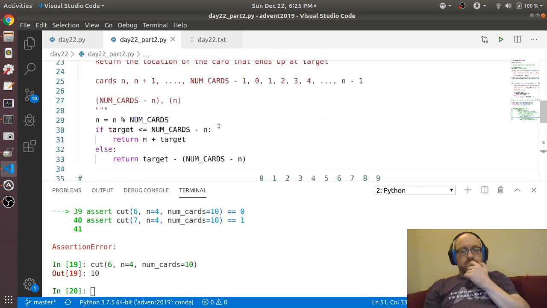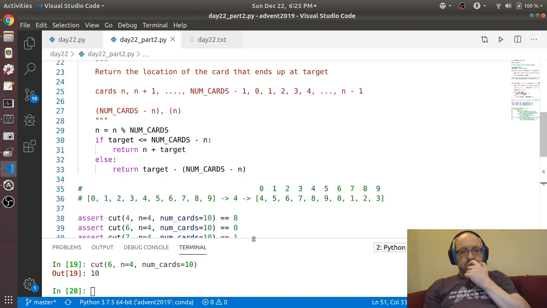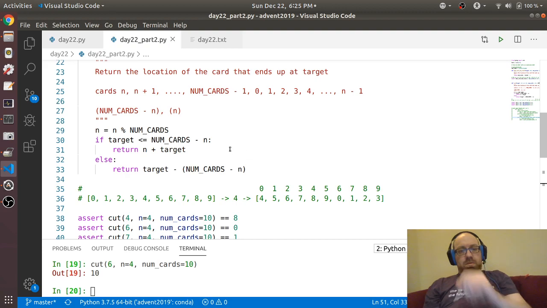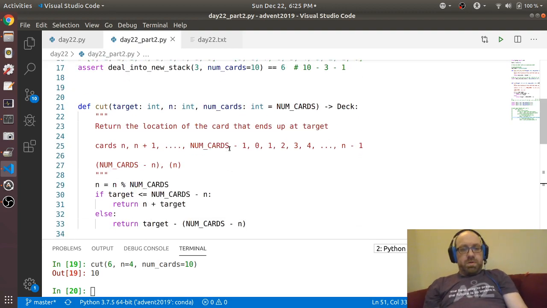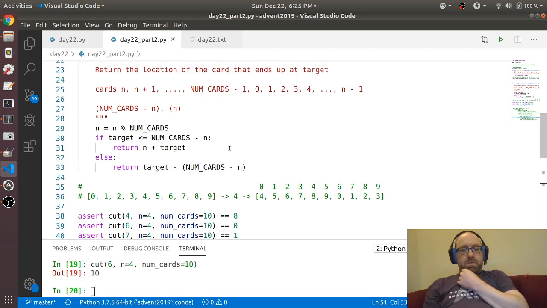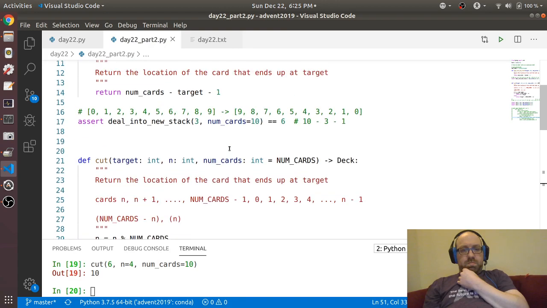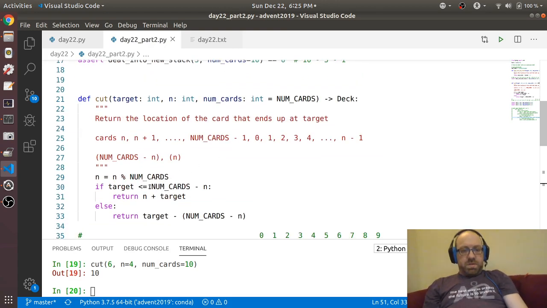So let's figure out why that is. So num cards minus n. So if target is, so this should be a less than.